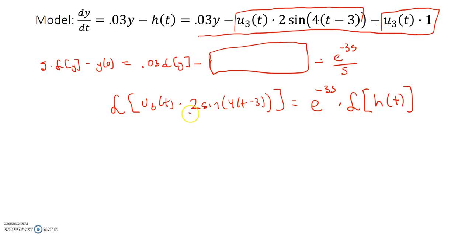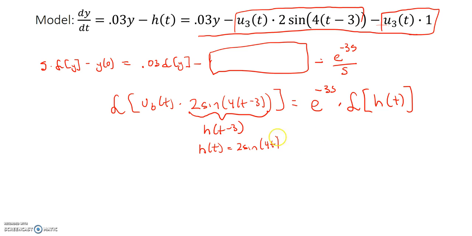Okay, well this piece is h of t minus 3, and we know that if I take h of t, I'm going to take all the t minus 3's and replace them with t, so h of t will be 2 sine of 4t, and we already know that because that was the function we started with, and then we derived h of t minus 3 from there.